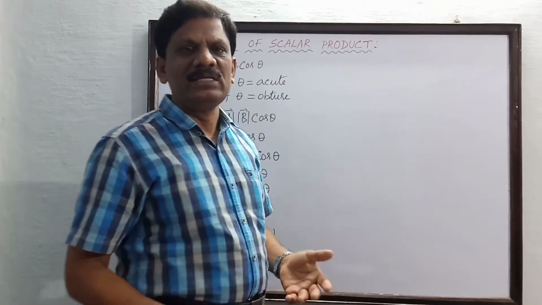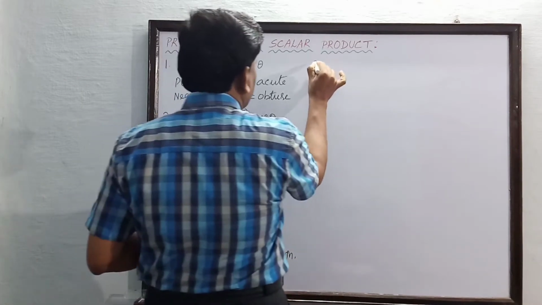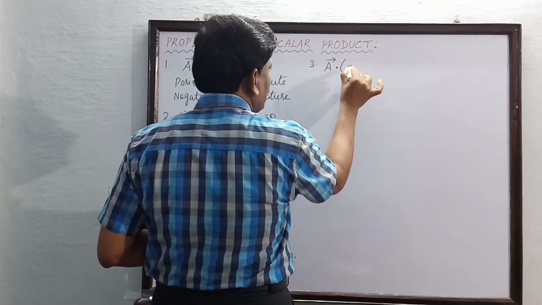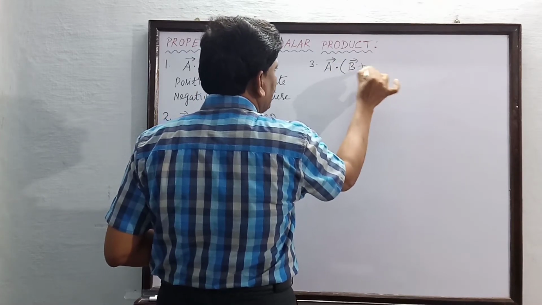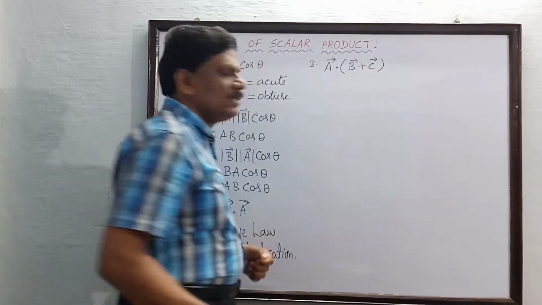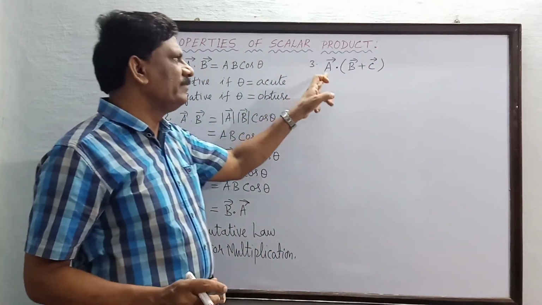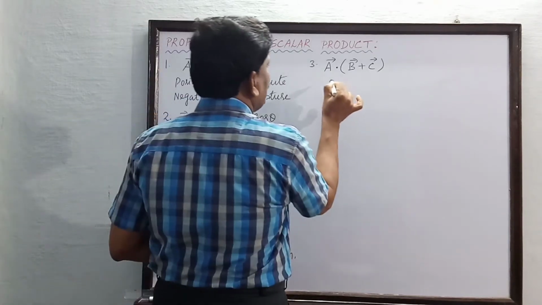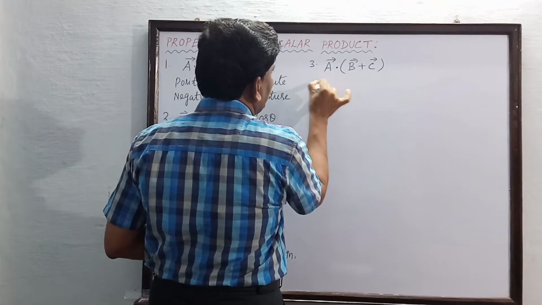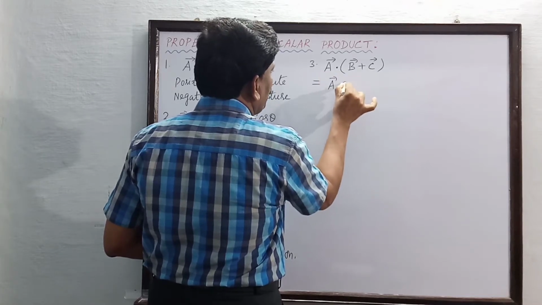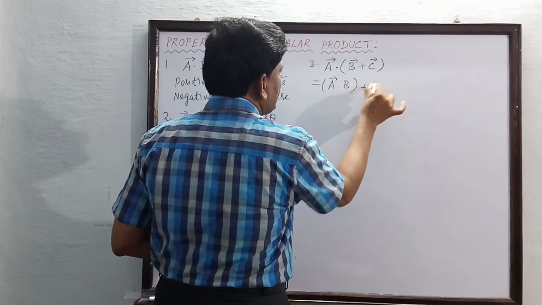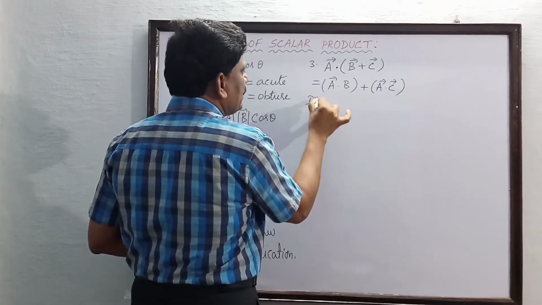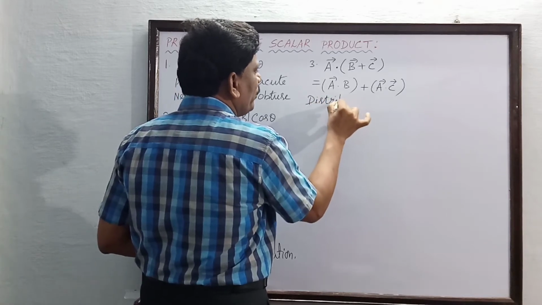Now the third property is the distributive law. So I am going to write the distributive law. I take the dot product of vector A with the sum of two vectors B and C, and it is found that this is equal to A vector dot product B vector plus A vector dot product C vector, and this is known as the distributive law.